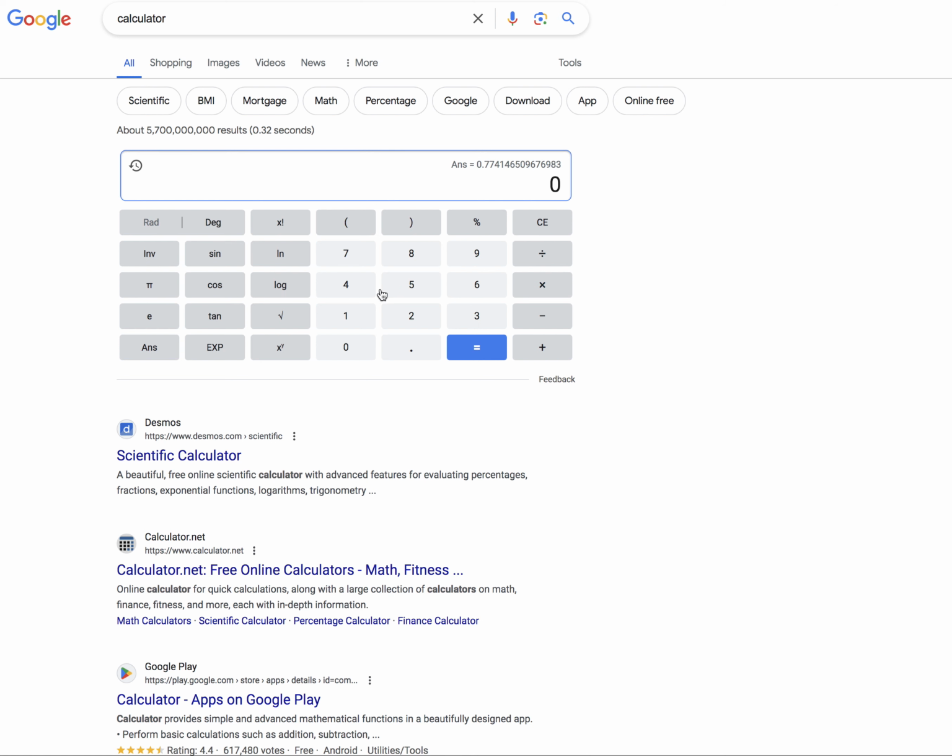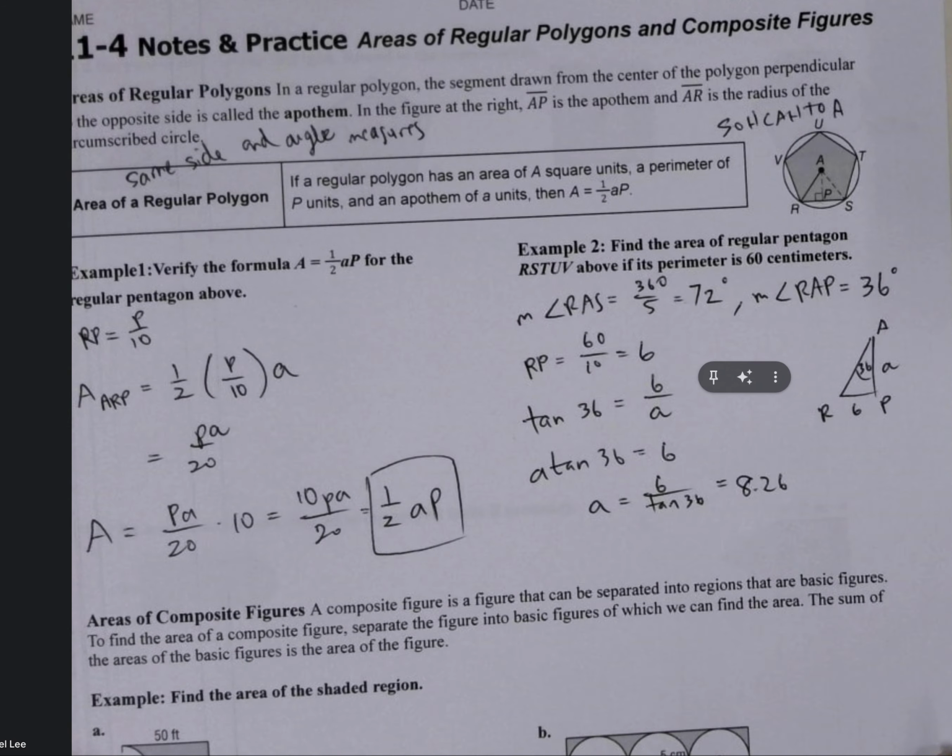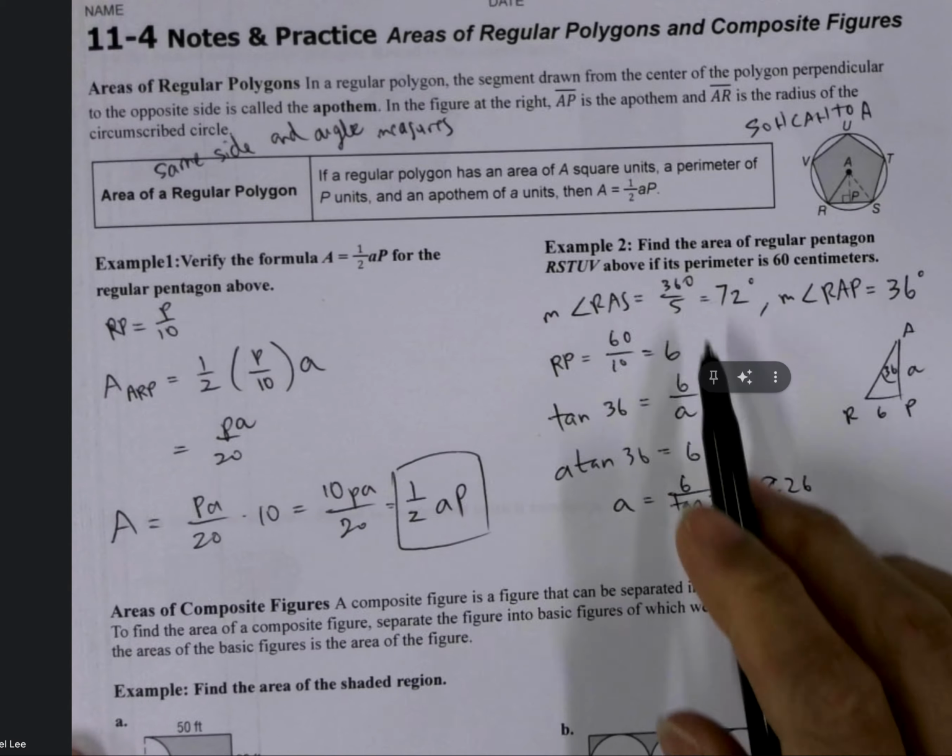So let me go ahead and do this again. So if the degrees is not shaded, then that means it's in degrees mode, right? If the degrees is shaded, it's not in degrees mode, it's in radian mode. So I'm going to do 6 divided by tangent 36. There we go. So that's going to equal 8.26, the apothem.